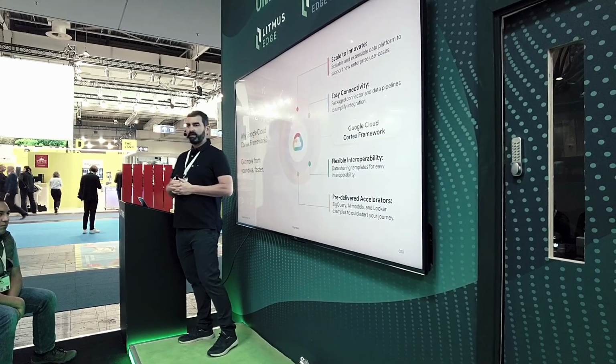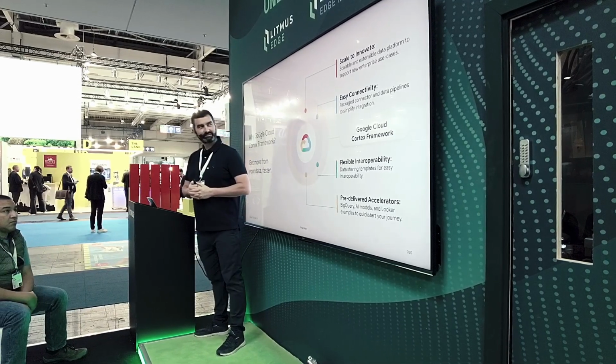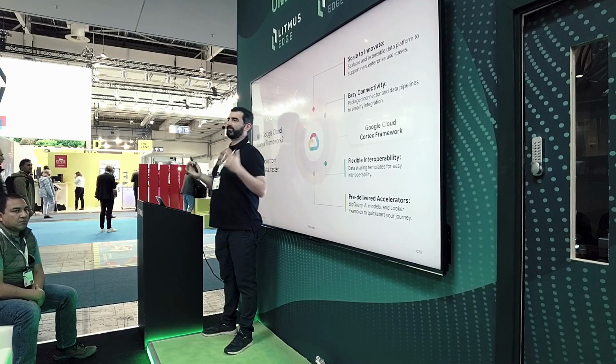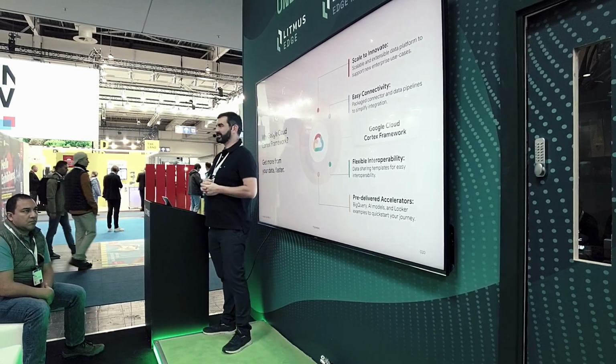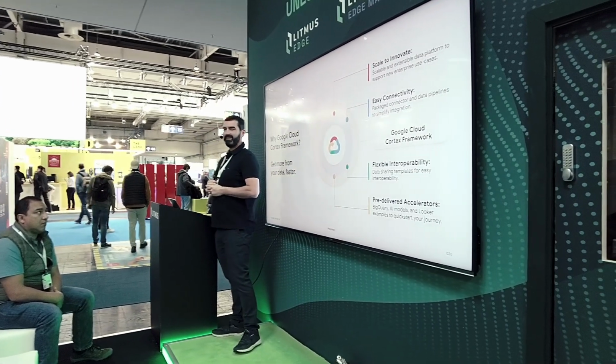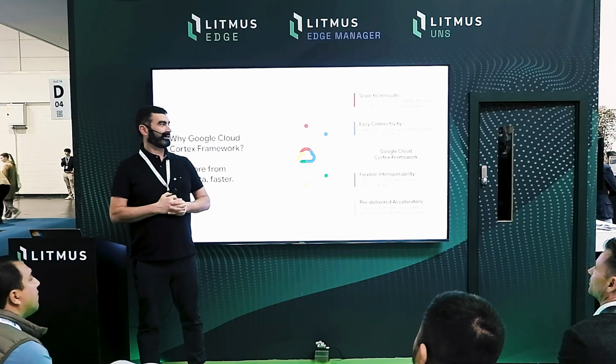So what is the most important to take with us? It's scale to innovate. They are predefined playbooks. So starting, installing, and using the AI components together with the data, getting the great insights into it, is easy.